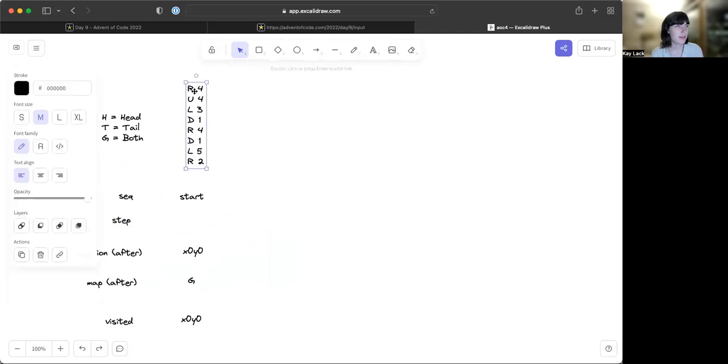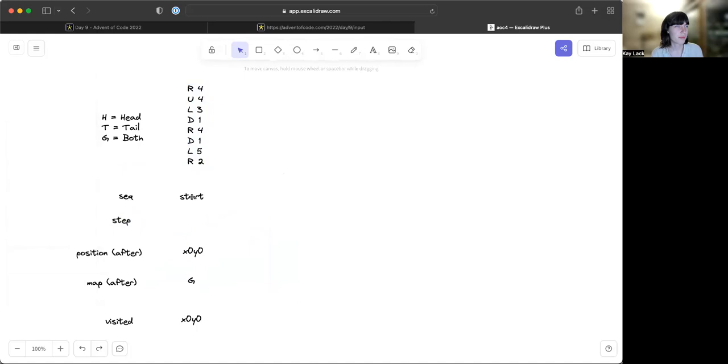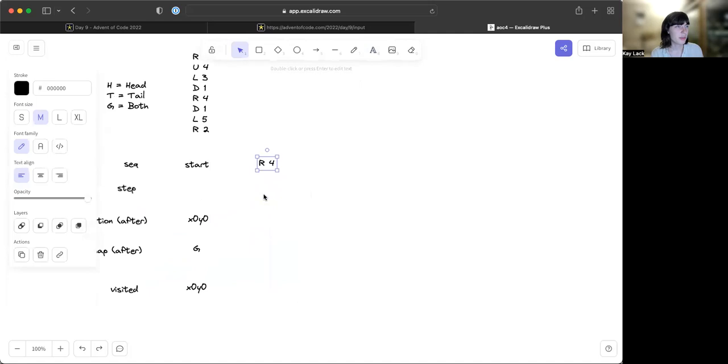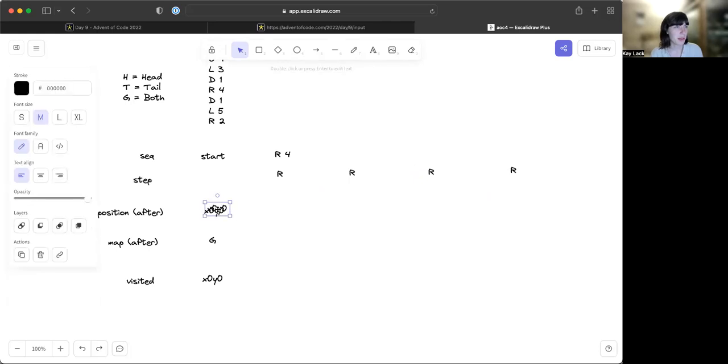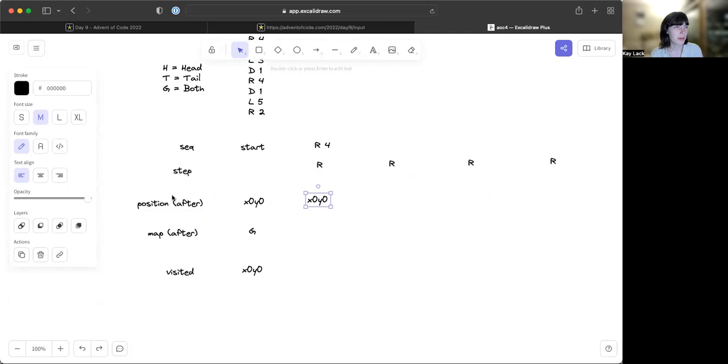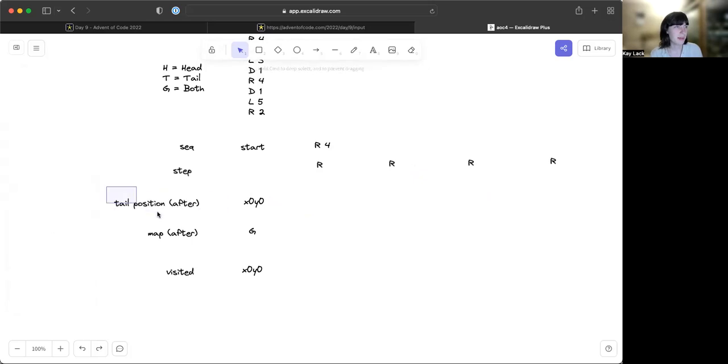Okay, and then let's have R4. This one is going to have 4 steps, so let's call it R, R, R, R. We're going to track both positions, the tail position and the head position.